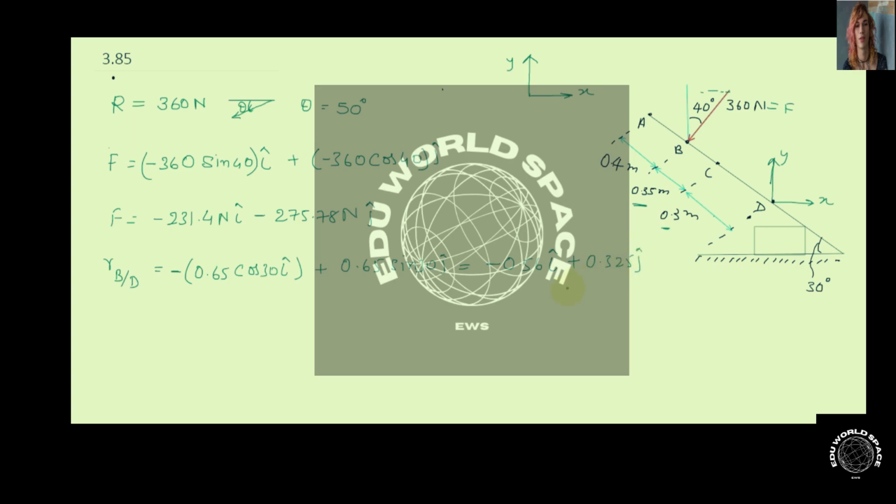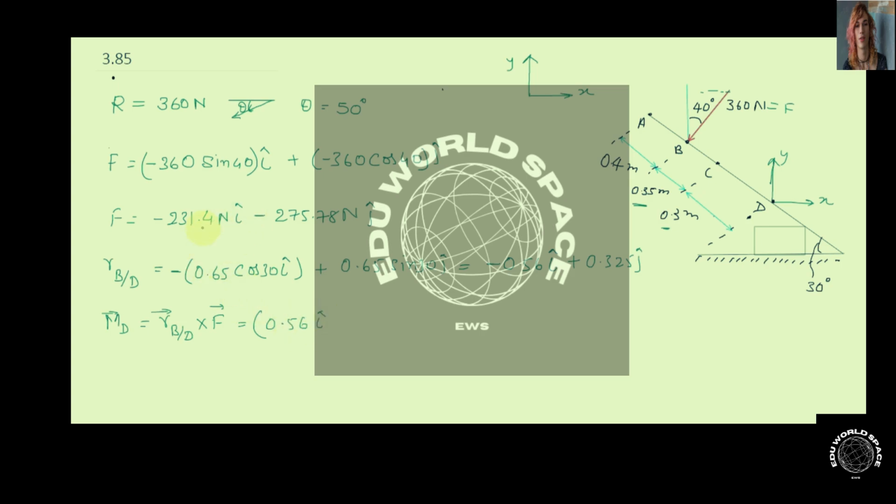Now we can calculate the moment about point D, which will be the position vector of point B with respect to point D multiplied by the force vector acting at point B. All these are in vector form, so this is going to be a cross product.